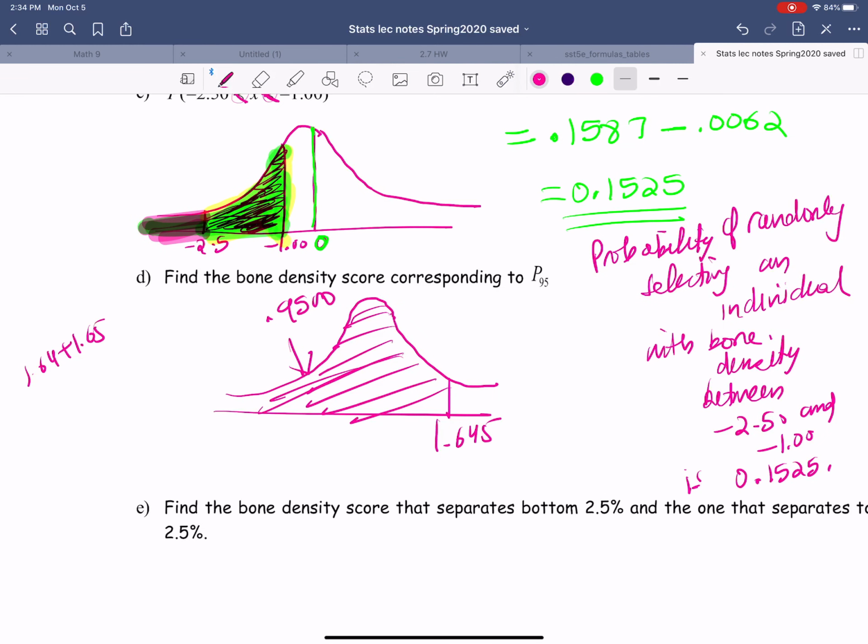That's how I got 1.645, because 0.9500 was not on the table. It was an in-between value, exactly in the middle of the other two values. If you don't find it exactly in the middle, you can go to the one that's closest. In this case, it was not closer to any one of those. It was equally distant from both.